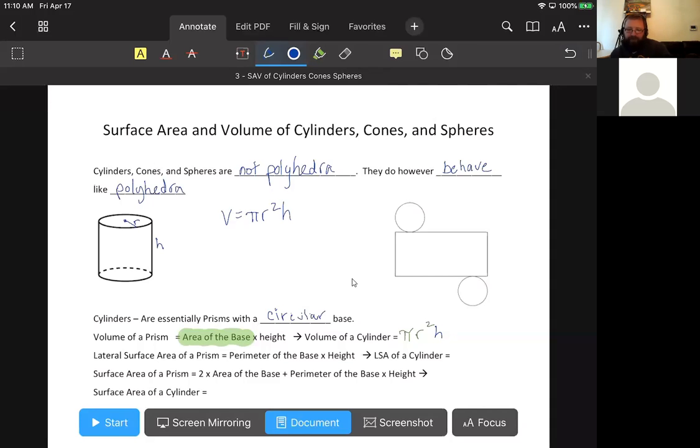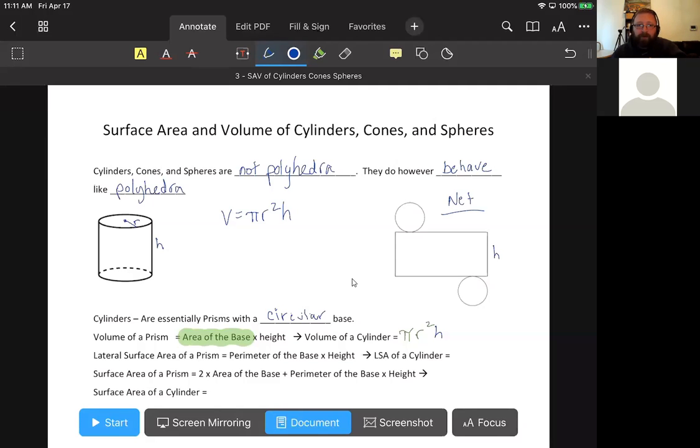Now, lateral surface area would be the area of just the side of the cylinder. So over here we have the net of a cylinder, and the rectangle would be the lateral surface area. The good news is that one of the two dimensions of that rectangle is the height of the cylinder, just like it was for prisms. Now, circles don't have perimeter.